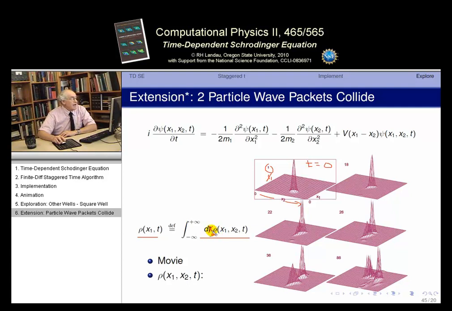Okay? Integrating out the coordinate of the other particle, and that just gives us the density of 1. We'll also look at rho of x2 by integrating out dx1. So we just eliminate the other particle, integrating it away, and then we should get movies.